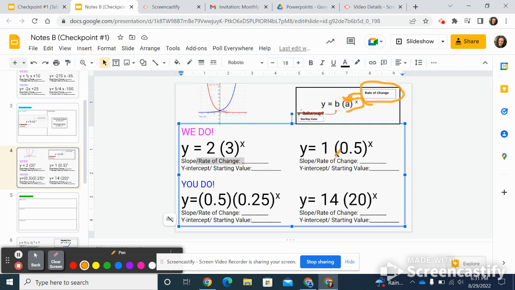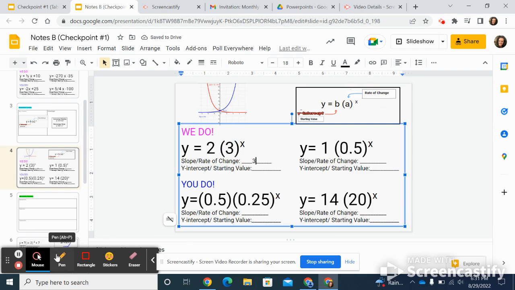Because there's not always going to be a parenthesis, but I want you to think about what number has that x attached to it. So in this situation, that's going to be the number 3. That has that x attached to it, okay? So our answer for the rate of change is going to be 3.